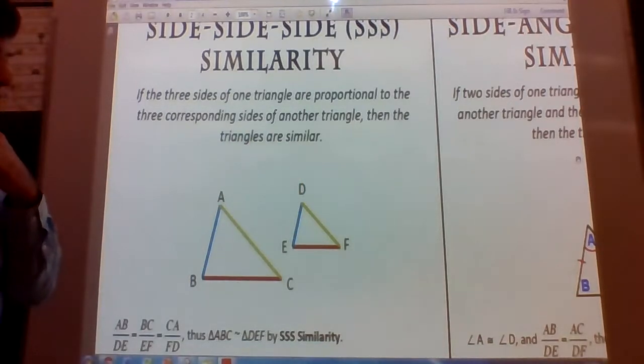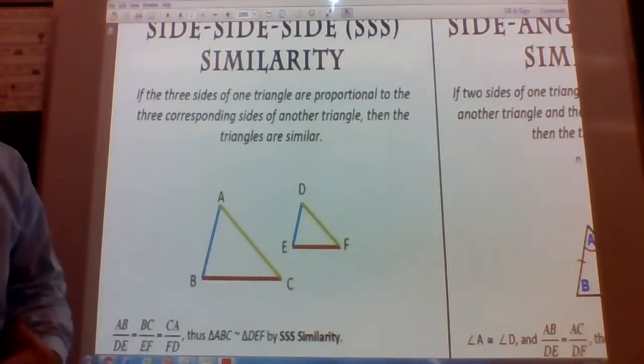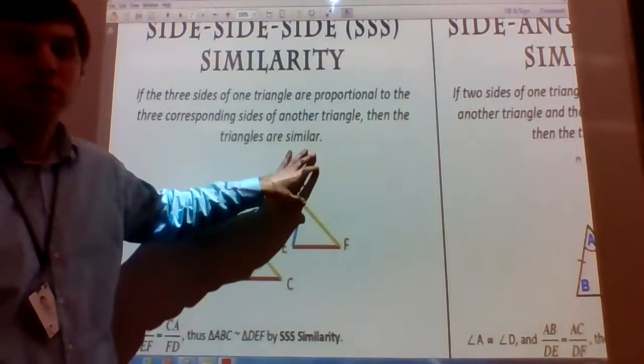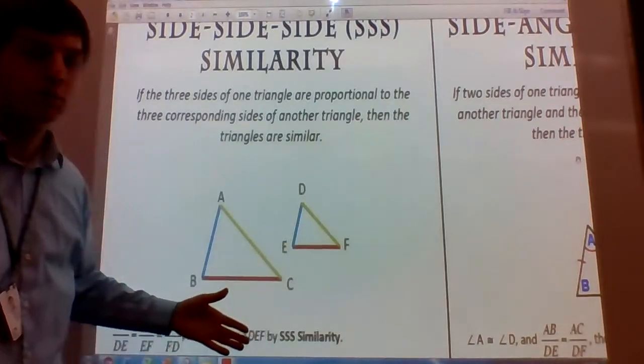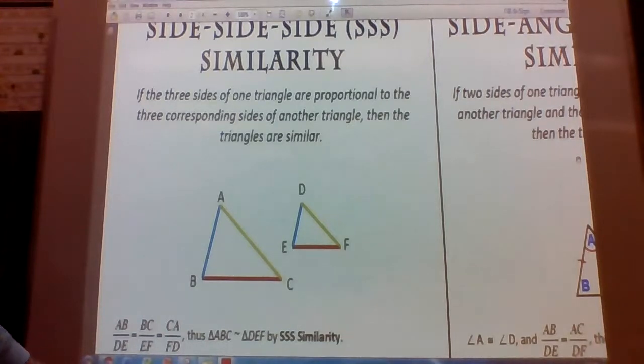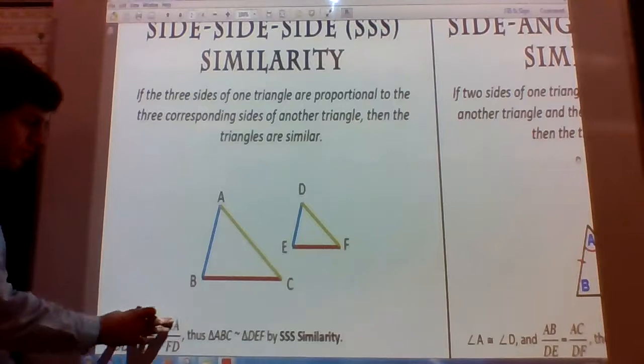So we don't need to find three pairs of congruent angles and three corresponding sides that are proportional. We can just find three sides that are proportional. We know the whole thing is similar, meaning same shape, different sizes.